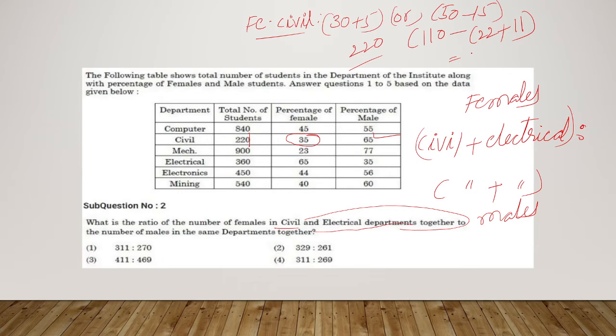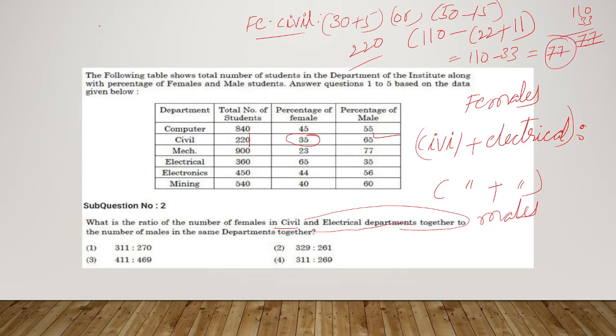That's why 110 minus 33. 10 minus 3 is 7. Again 10 minus 3 is 7. 77. Okay, here 77 is the female.